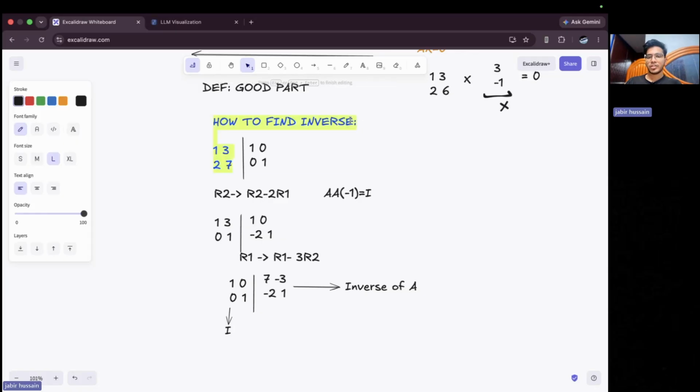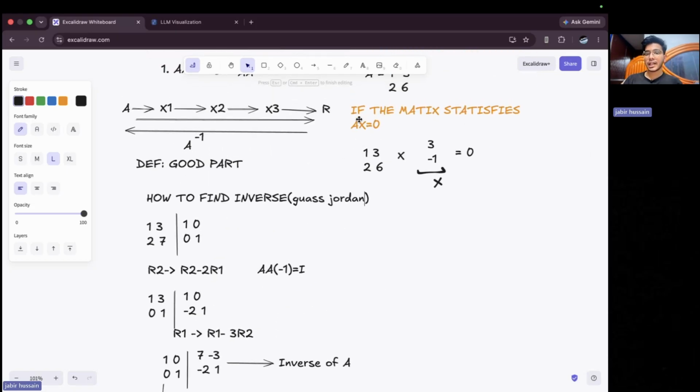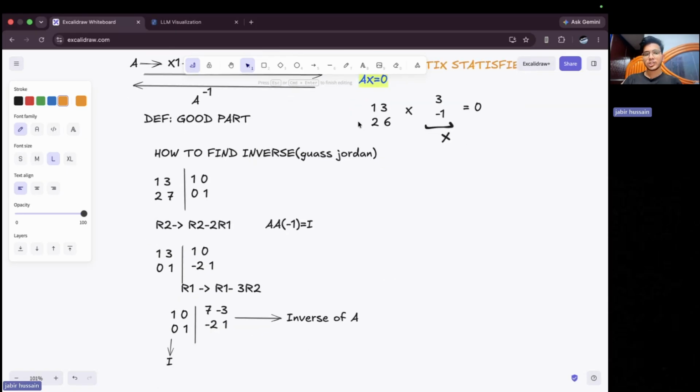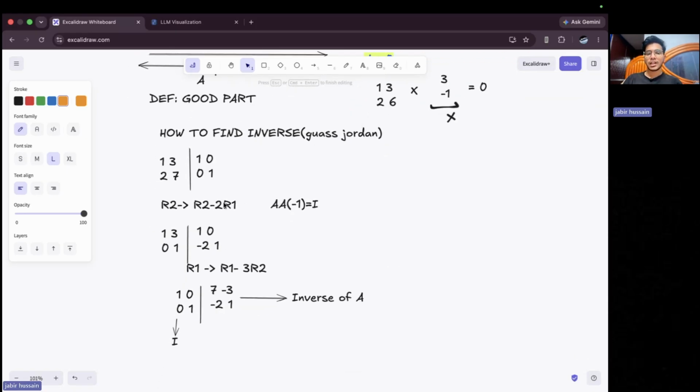So to find the inverse of a given matrix, we use a method, and the name of the method is the Gauss-Jordan method. This is how we find the matrix inverse, and this is the condition for telling whether the matrix has an inverse or not. I hope we are clear on how we find the inverse of the given matrix.